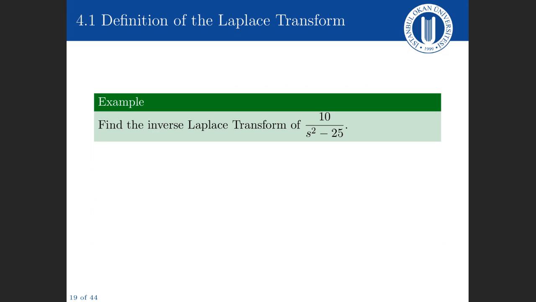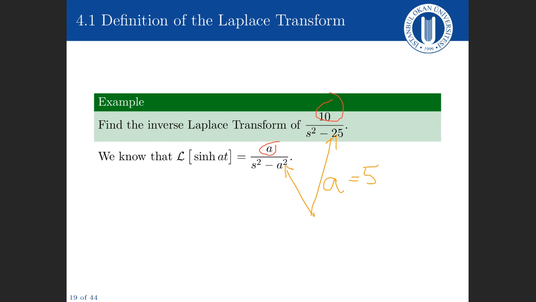For example, find the inverse Laplace transform of 10 divided by s squared minus 25. Now, we've done something similar to this before. We know that the Laplace transform of sine at is a divided by s squared plus a squared. And we have roughly the same thing here. Instead of a squared, we have 25, so clearly a is 5. But on top, we don't have a, we have 10.